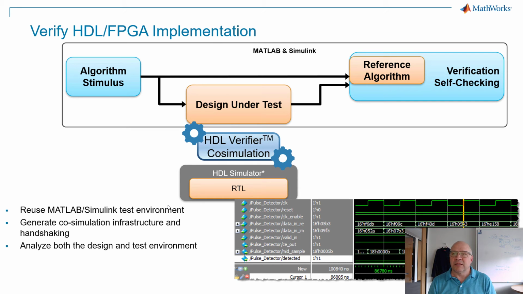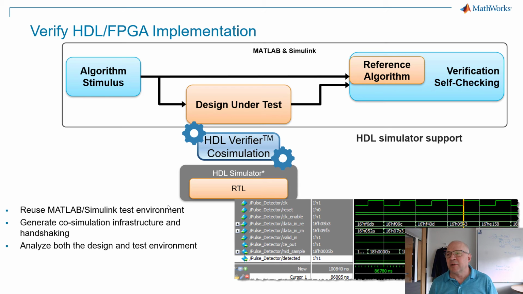And the nice thing about this approach is, if you do have problems in your implementation, it helps you debug those, but it also can help you debug your test bench, because many of these simulators have means that you can use to look at how much of the code has been exercised by a test bench. So that's a useful way to look for code coverage within the design.